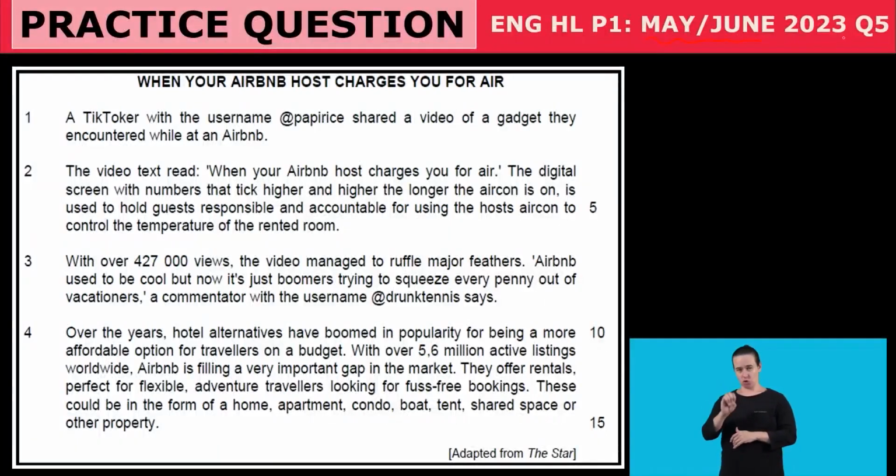This example is from the May-June question paper from 2023, and of course it's question 5. Again, we're not going to read the entire text, we might skim through it. When your Airbnb host charges you for air, a TikToker with the username @Paprice shared a video of a gadget they encountered while at an Airbnb.